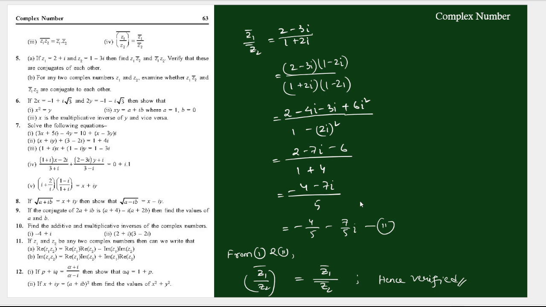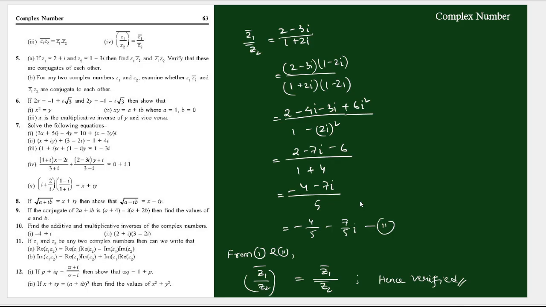Okay, you will be able to do 5. Then 5a is the same as question number 4. From 1 and 2, you have to see whether they are conjugate or not. One of them will be negative, one positive, you will find.